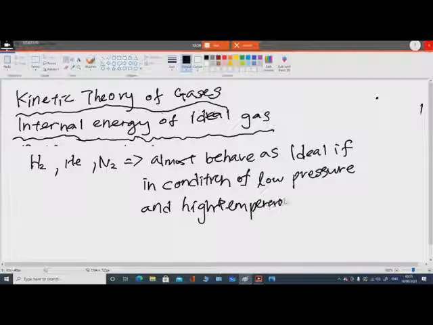So at low pressure and high temperature, hydrogen, helium and nitrogen gas behave almost like the ideal gas, where the collision is perfectly elastic and the intermolecular forces can be neglected. This is the approximation for hydrogen, helium and nitrogen at low pressure and high temperature.